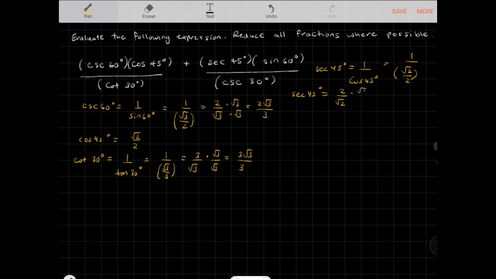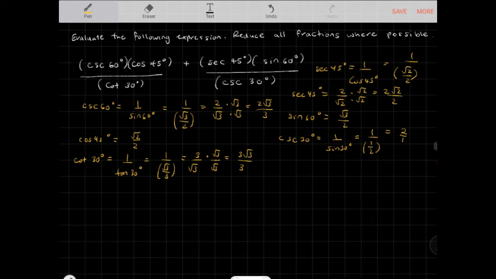And we can multiply this by square root 2 to simplify it, so we get 2 square root 2 over 2. Okay, then we can take a look at sine 60. We know the value of this is square root 3 over 2. And we have cosecant 30 degrees, which is 1 over sine 30 degrees, which is 1 over 1/2, which is basically 2 over 1.